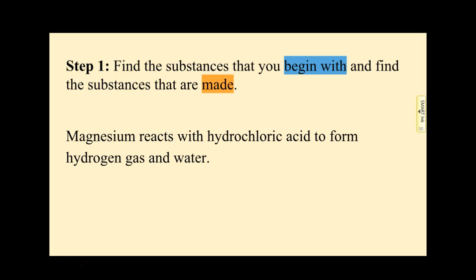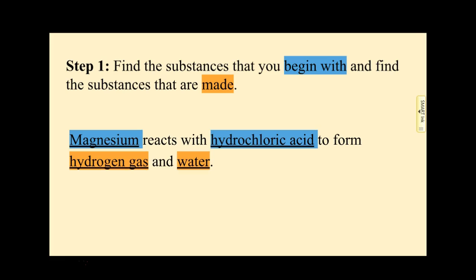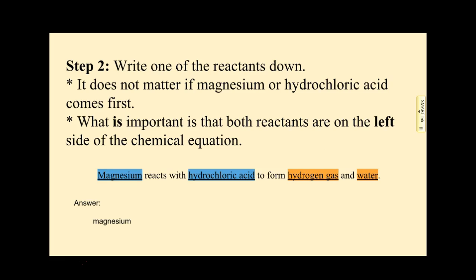And so what I often ask people to do is say, okay, why don't you highlight in 2 different colors the things that you start with and the things that are made. So that makes it a little bit more obvious about what you're working with. Then you can actually start building.